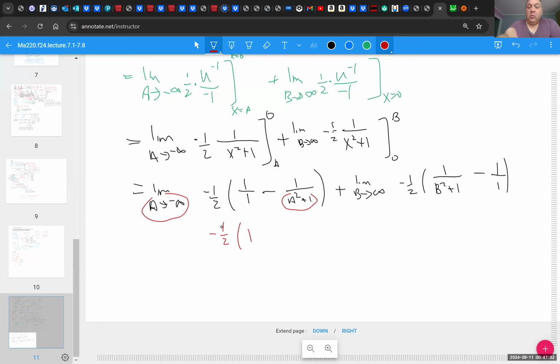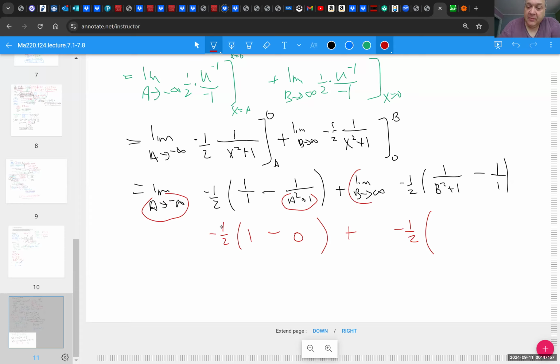And 1 over an infinitely large number, from your Calculus 1 class, is 0. So this goes to 0 because you have 1 divided by infinity. It's going to be the most infinitely small number possible. And over here, we get -1/2.